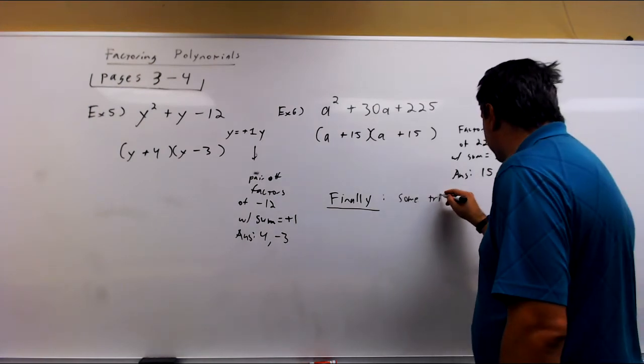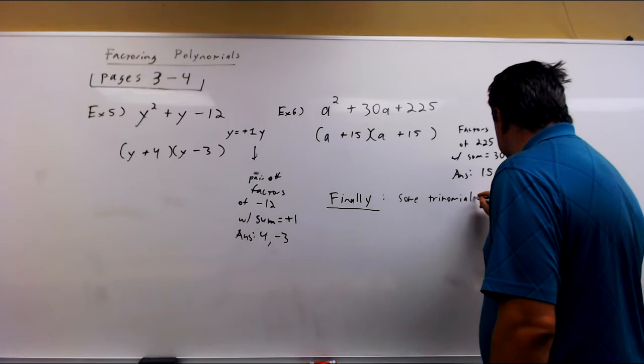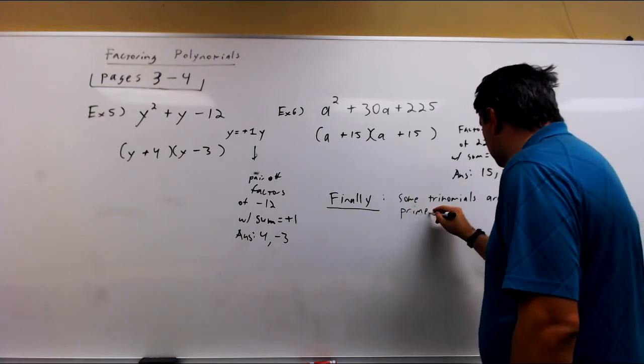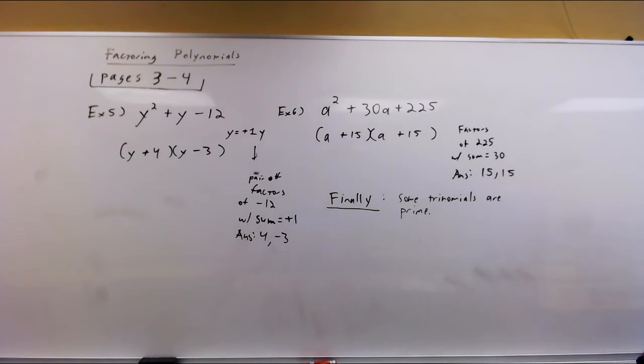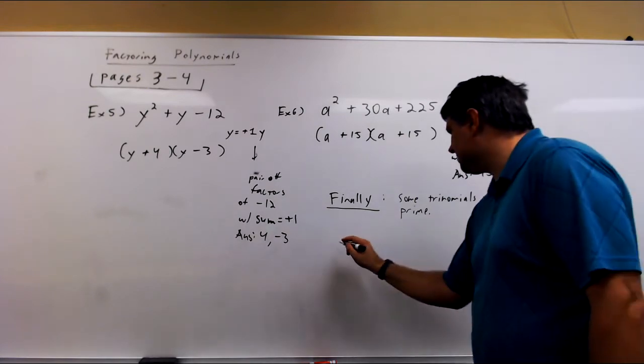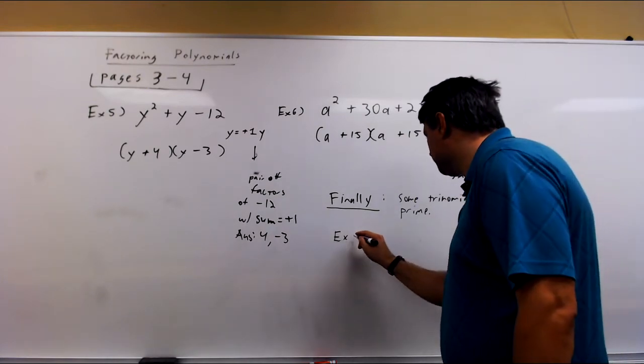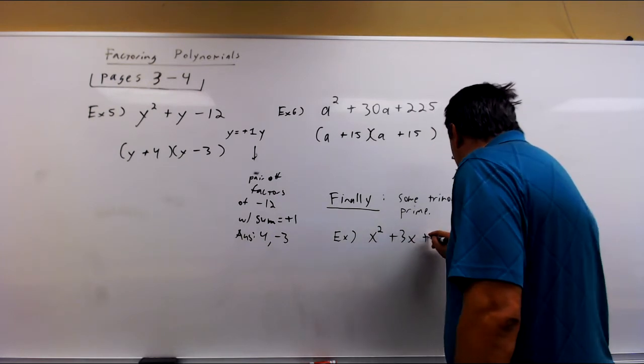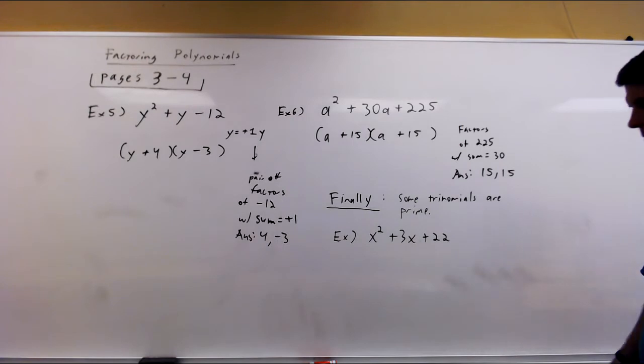All right, finally, some trinomials are prime. This means they cannot be factored. So for instance, x squared plus 3x plus 22.